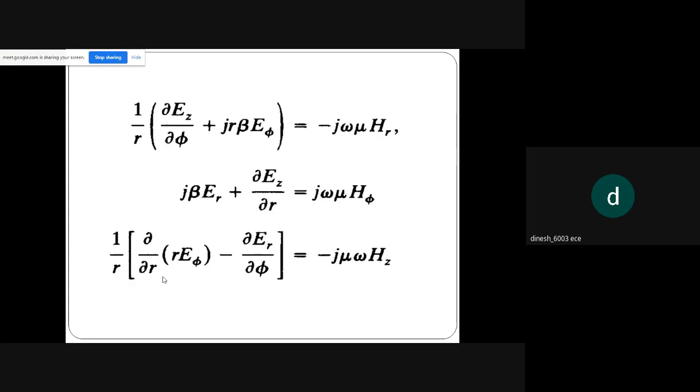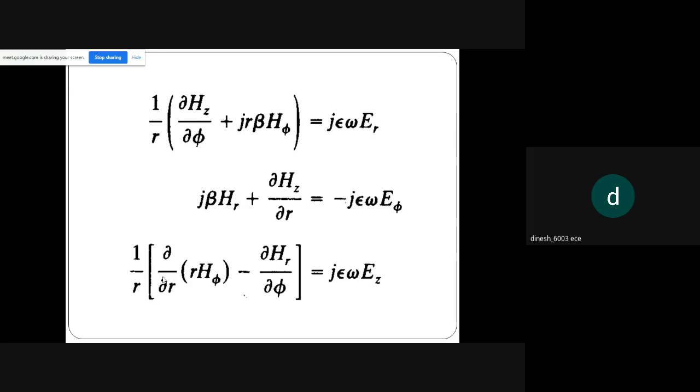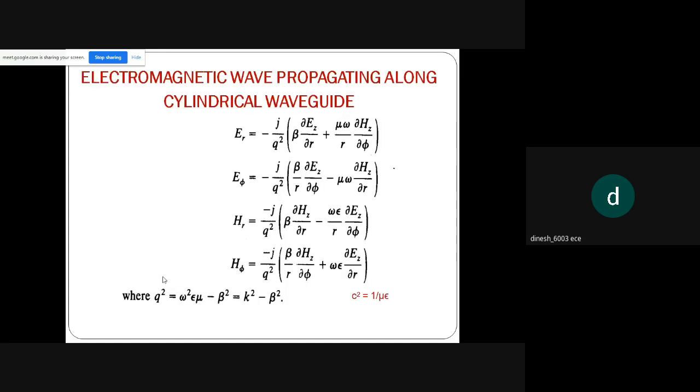On simplifying by taking determinants, you can find the values of Er, E phi, Hr, H phi, as we have done in cylindrical waveguide determination in unit number 4 in electromagnetic fields.